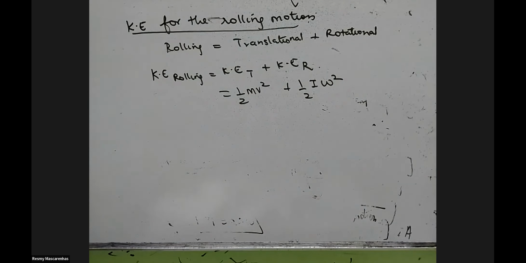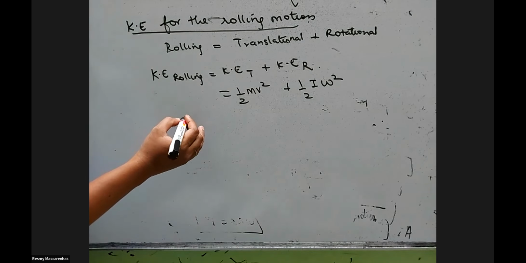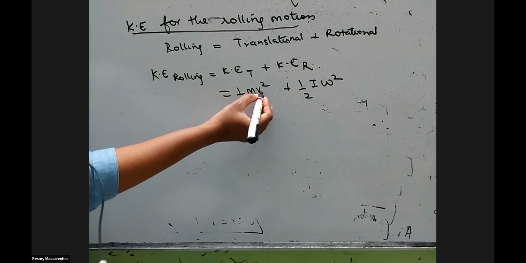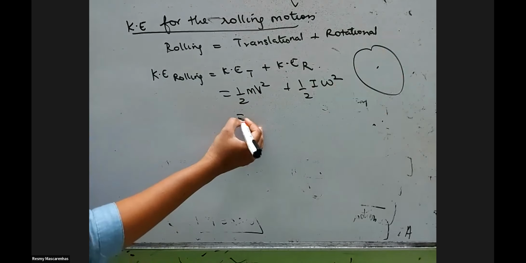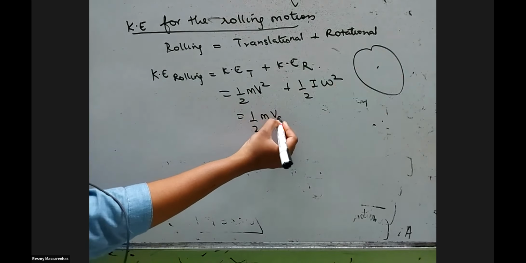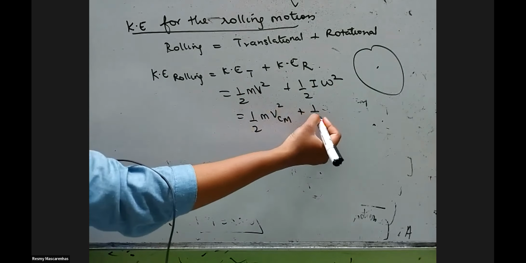Just in terms of, suppose, the radius of gyration you want to know. In terms of radius of gyration, this V, with reference to this disk we are referring to, you can also write it as VCM square.